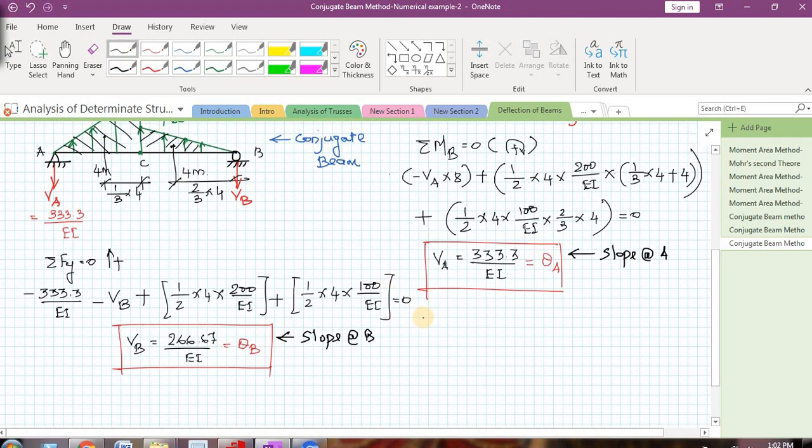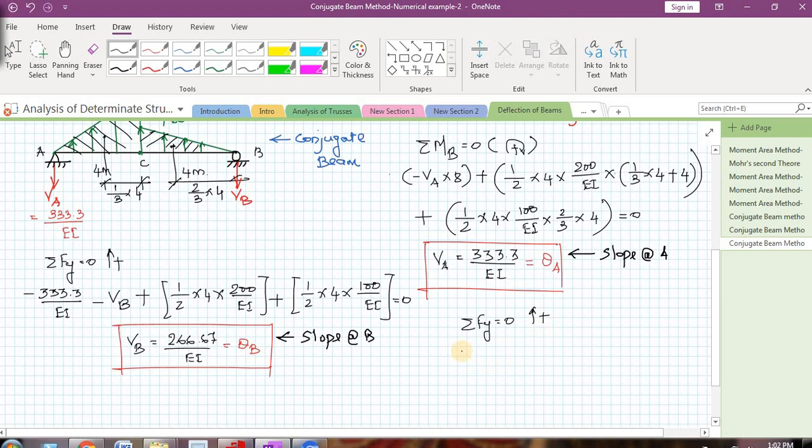To find the slope at C on the real beam, we need to find the shear force at C on the conjugate beam. So I will consider only the portion from A to C. VA is downwards. I will write summation of Fy equal to 0, upward forces as positive.